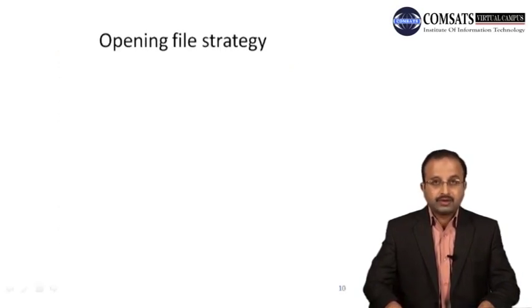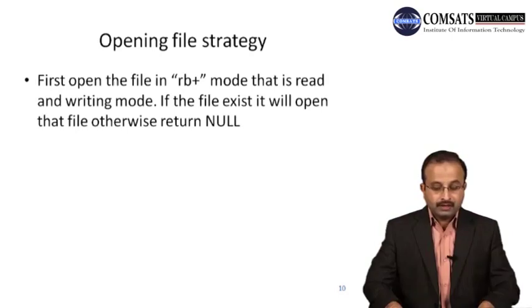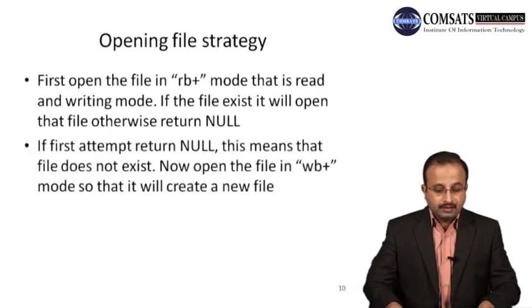Now, the file opening strategy. First, open the file in rb+ mode, that is reading and writing mode. If the file exists, it will open that file and the file pointer points to the first character in that file, and if the file does not exist, then fopen will return NULL.